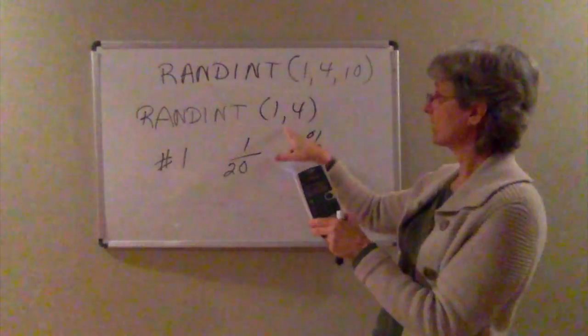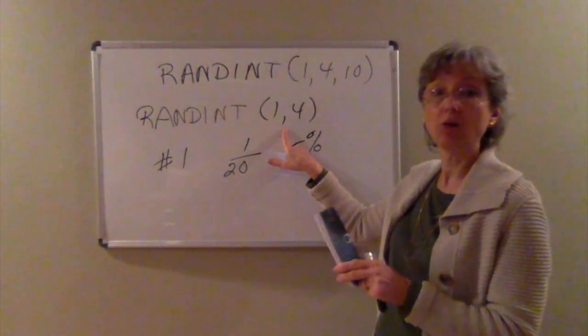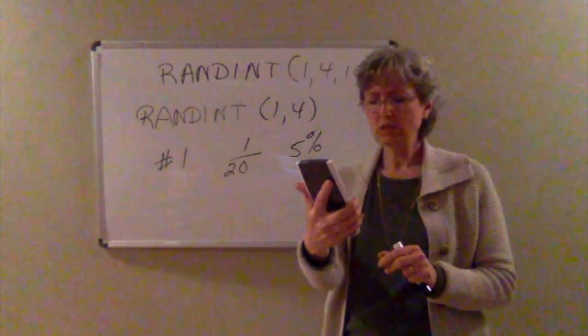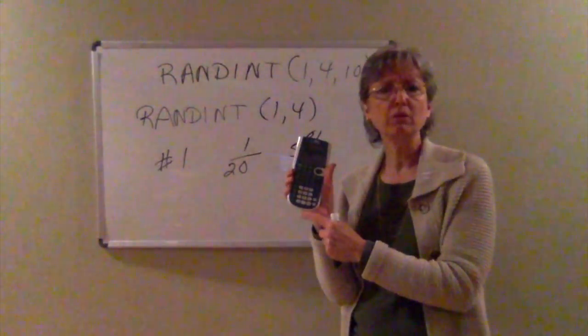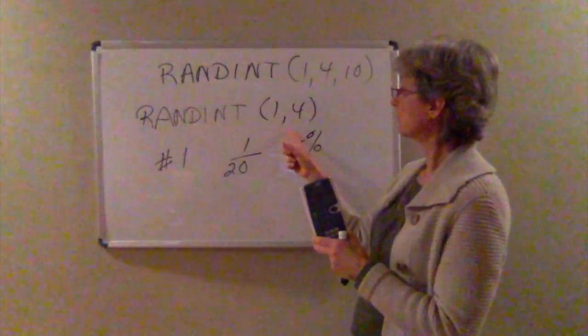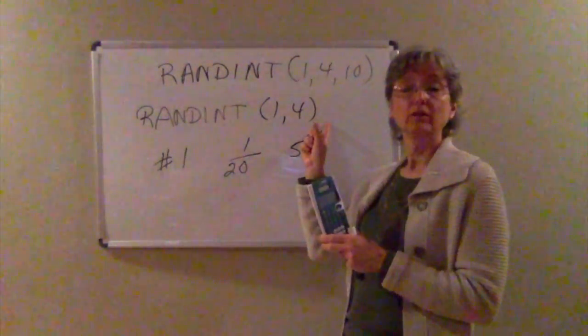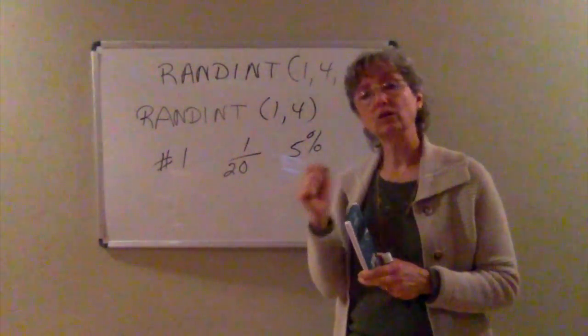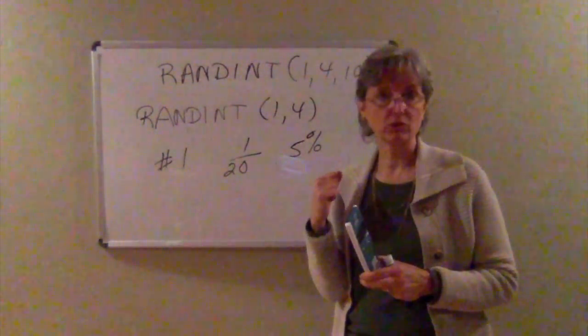Now I can enter 1, 4. Usually the comma might be a shift key above the period, but there is a comma somewhere. Find the comma to separate these like an ordered pair. Close the parentheses and then hit enter, and you'll get those randomly generated numbers.